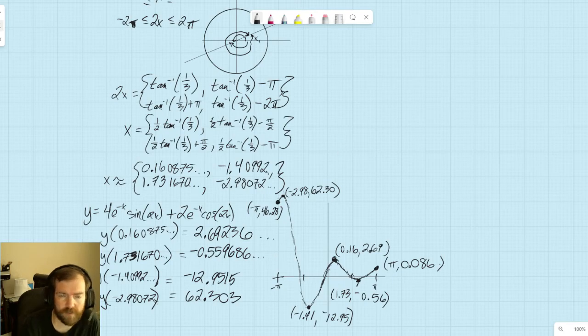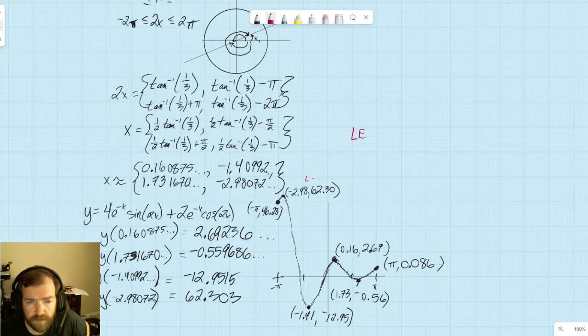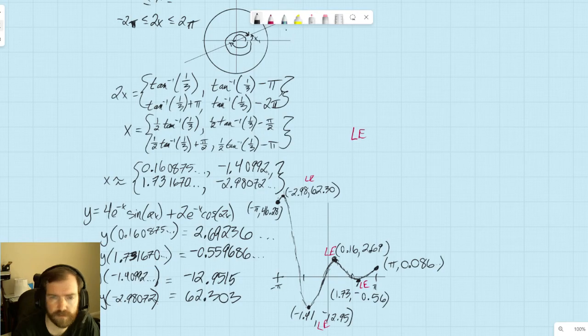So in this case, you have local extrema, which there are going to be an unlimited number of them. So these solutions, again, will map to future and past periods.